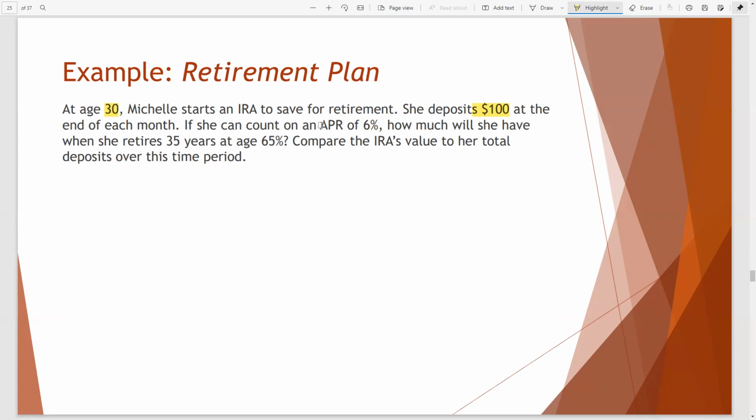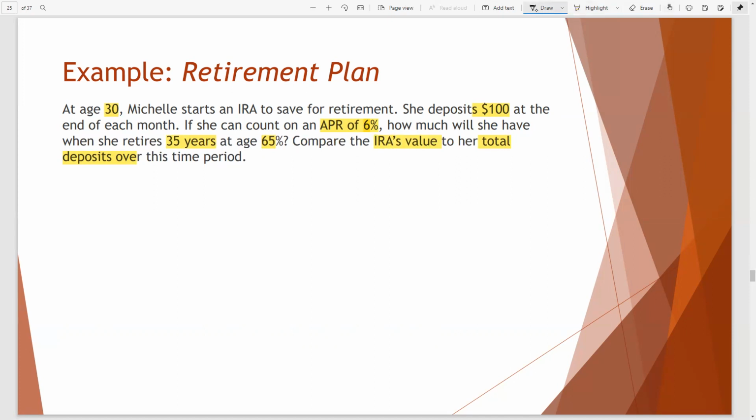If she can count on an APR of 6%, how much will she have when she retires 35 years later at age 65? Compare the IRA value to her total deposit over this time period. So we also need to find her total deposit.